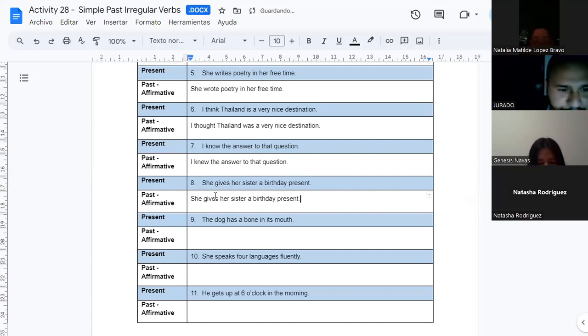Yes. She gave. Yeah, continue the sentence. She gave her sister a birthday present. Very good. A birthday present or a birthday gift. Very good. Natasha, number 9, please. The dog.